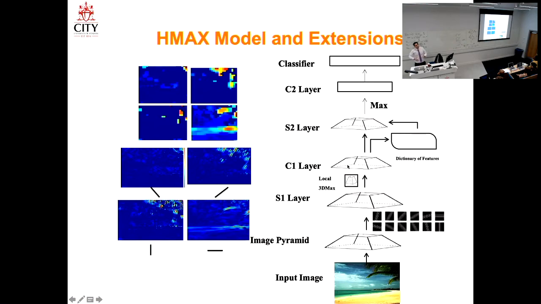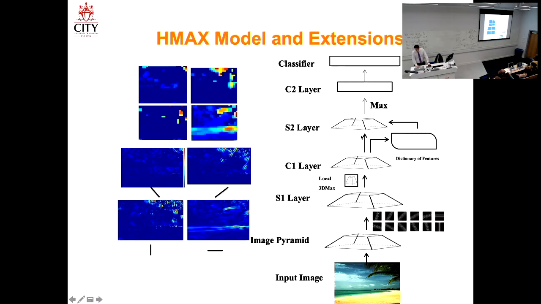The next step is I take patches from this C1 layer, 4 by 4, 16 by 16, 12 by 12, whatever size you like. And then you put them somewhere called the dictionary of features. This is what we did before as well, right? So we create a dictionary of features, and then I multiply this dictionary of features on the C1 layer and calculate the S2 layer.